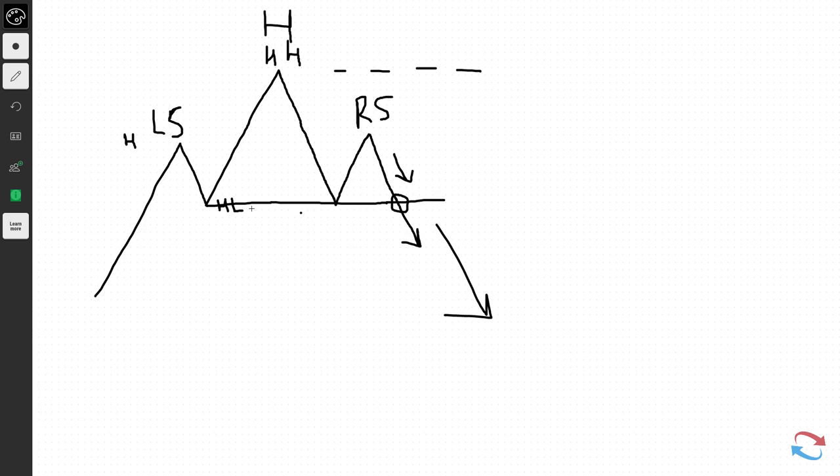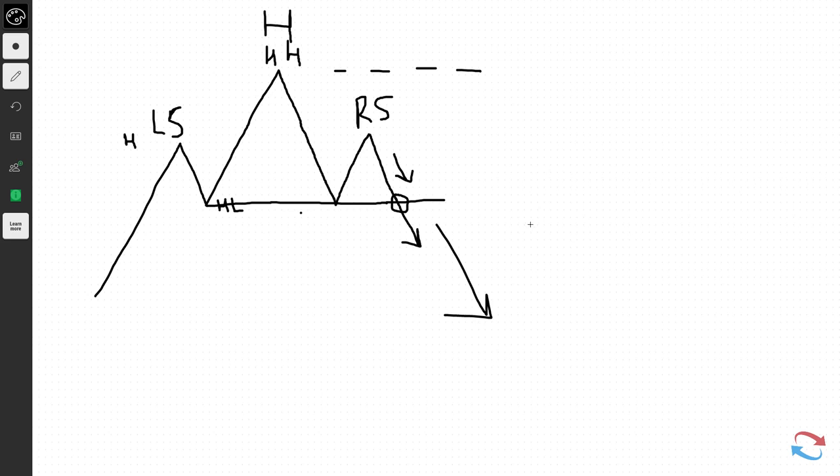So in the real world, as I was saying, prices are never perfect. The neckline on a Head and Shoulders pattern can sometimes look like this, and more than likely will look something like this. It won't be horizontal, but it can be traded as a horizontal level, the neckline, or it can be traded as a diagonal neckline.